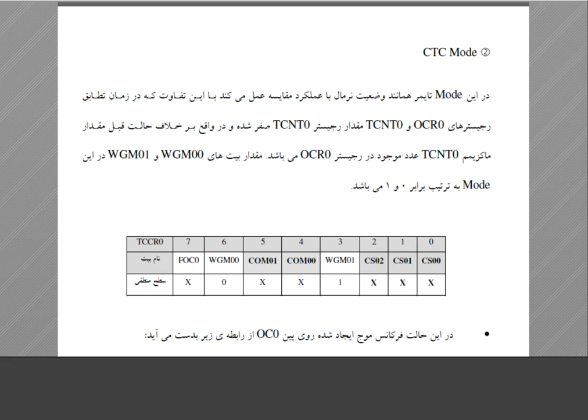That means we start from 0 to 100 and don't go up; we clear the timer and start again from 0: 0, 1, 2, 3, up to 100. Again go back to 0, and not go up to FF. That's right. This means CTC, clear timer on compare match.